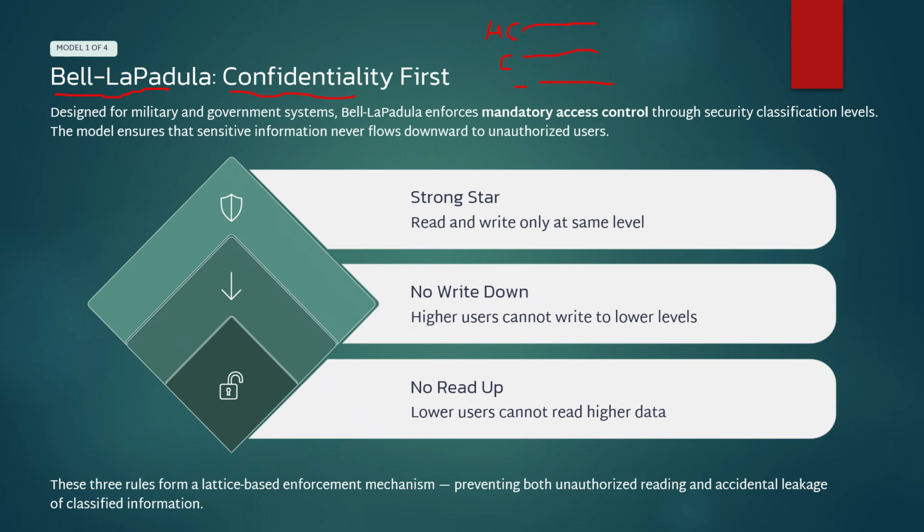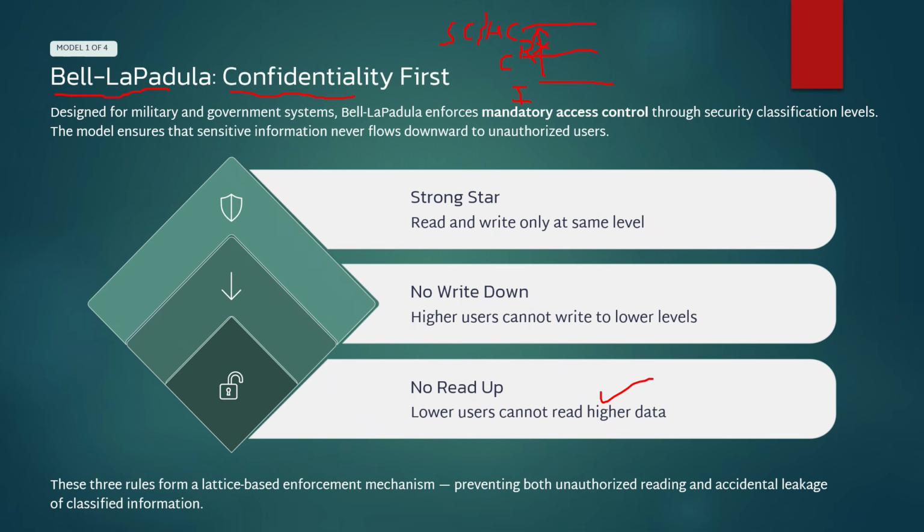Data in internal is not that secret. Then there is confidential, and there is highly confidential, or you can say strictly confidential. Many organizations say strictly, many say highly confidential. So the first property is no read up.